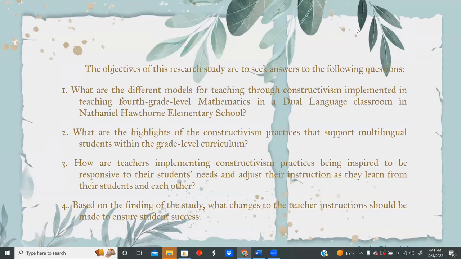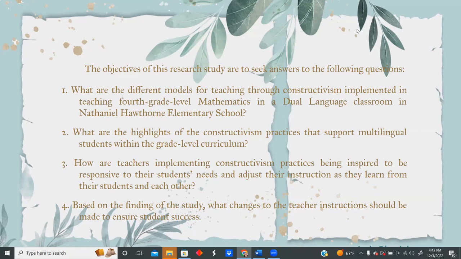And actually, I'm thinking of changing that to all our math teachers, from K to 5, because in our campus we only have 3 math teachers in 4th grade. So that's very small. So I'm thinking of changing that. Okay, ma'am.